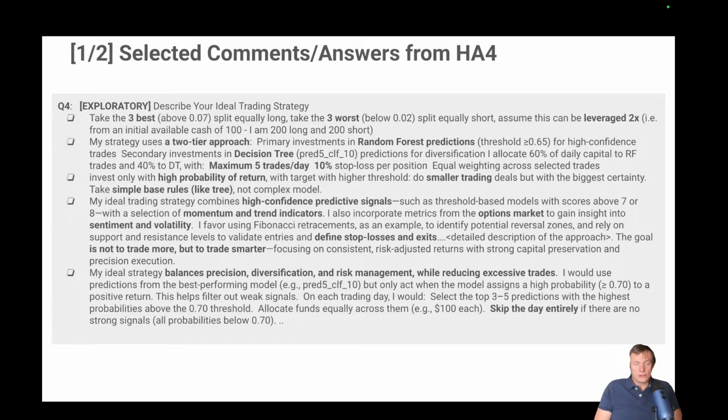And also I saw that many of you think about maximum 1, 3, or 5 trades per day, a stop loss for a position, so that it's still semi-automatic algorithms for trading. We want to manually check what you see in the predictions.